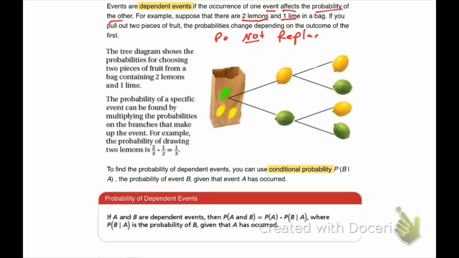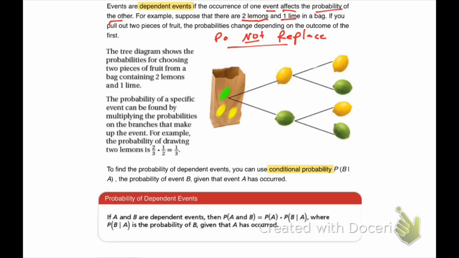Well, every time you do not replace a piece of fruit, that's going to affect your next piece that you pull out, because the total's changing, the types of fruit you have in there change. So this is dependent because every time you pull out a piece of fruit, everything changes.